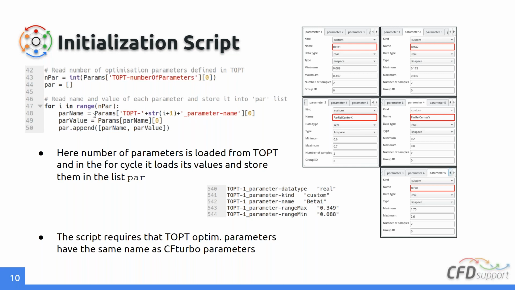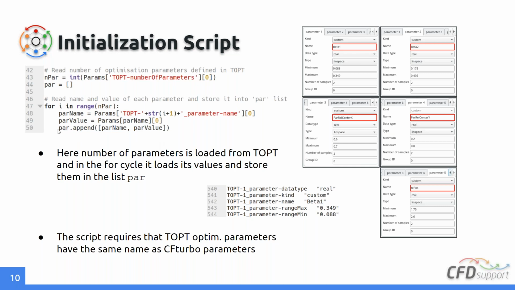Yeah, so the first item in the list for the par will be the name of the first parameter, which is, for example, beta 1, and the actual value. So this is changed by the optimizer. For each optimization run, there is a new value which the optimizer decides to set.